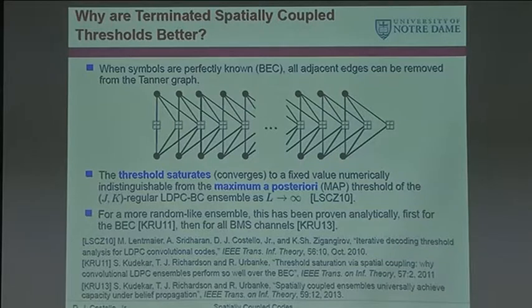So again, you're getting MAP threshold, but by slightly modifying the graph of regular low density parity check codes, you're getting MAP threshold performance with BP decoding, which is linear in complexity, linear in block length, whereas MAP decoding would be, in general, exponential complexity in block length.